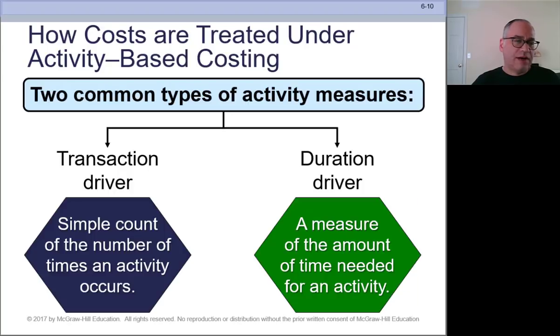And the book likes to talk about this, transaction drivers versus duration drivers. Sometimes you have things that are just based on a count of something, like how many of something there is. And sometimes it could be based on the amount of time something takes.